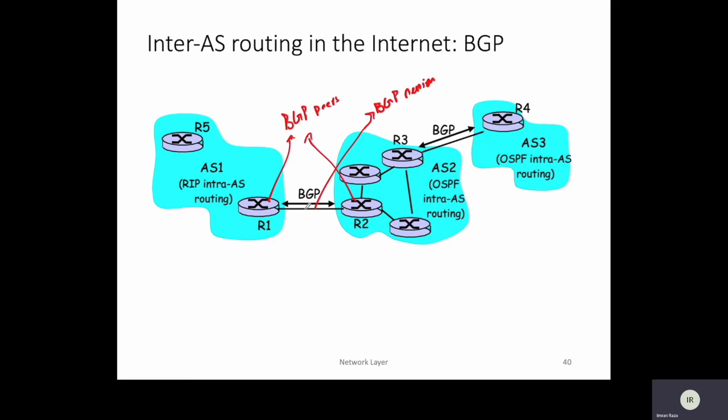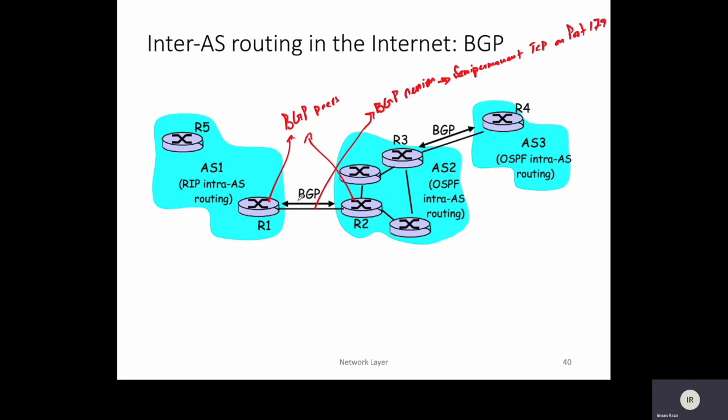So this BGP session, using which these two BGP peers communicate with each other, is established over a semi-permanent TCP connection on port number 179.